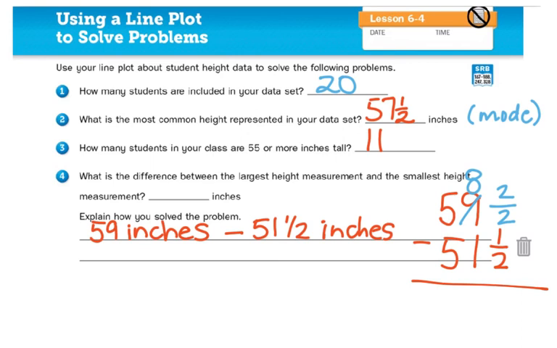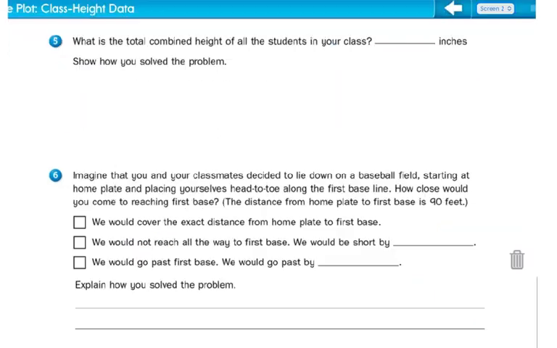So I just took that 9 inches, made it 8, and made that 1 inch equal to 2 halves. So now I can subtract: 2 halves minus 1/2 is 1/2, and 8 minus 1 is 7. So the difference between our shortest 5th grader and our tallest 5th grader is 7.5 inches.